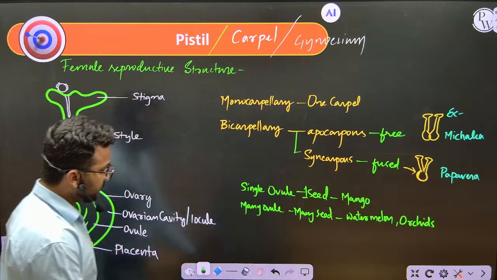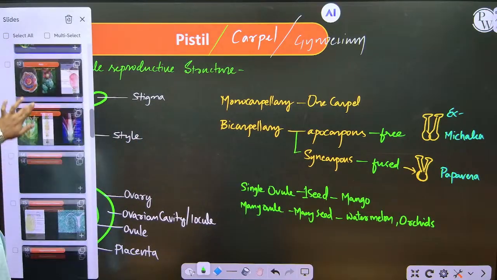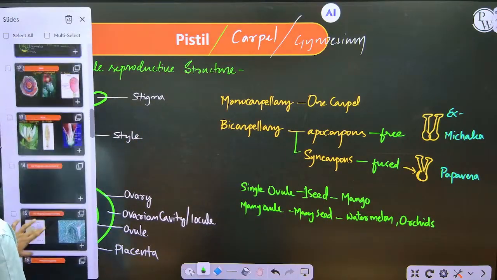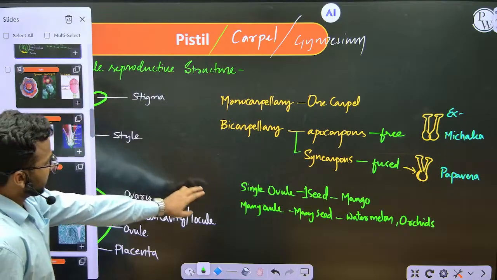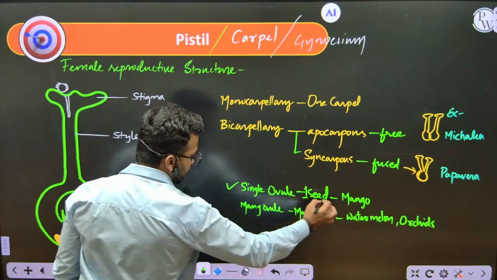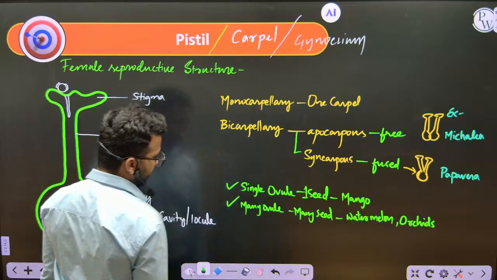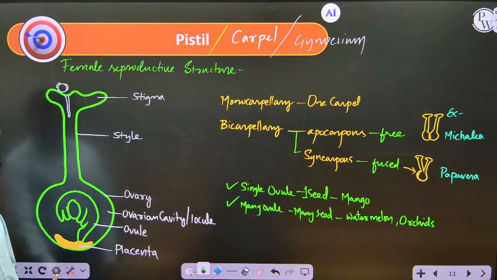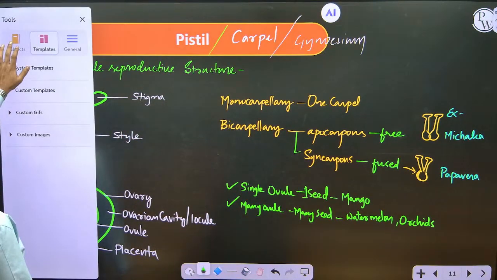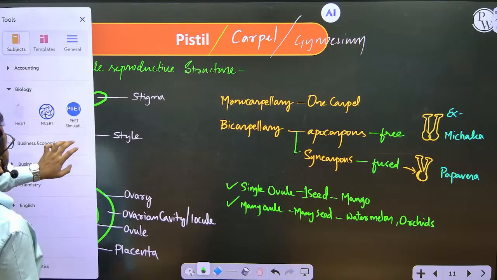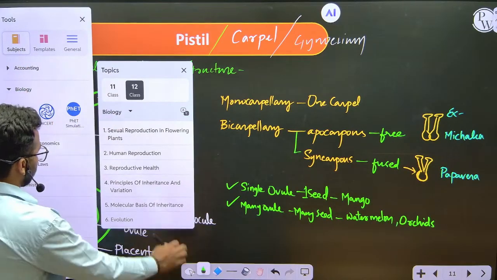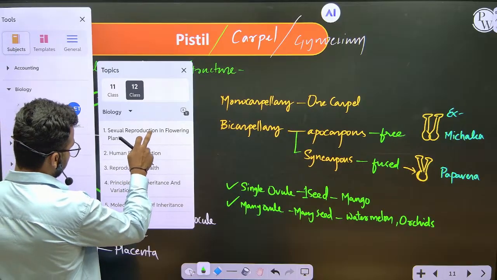In case of orchids also you will be seeing many ovules or many seeds. So if it is having single ovule, only one seed is seen in the plant. I will show the NCERT lines also there. You can check, just take the NCERT lines also.